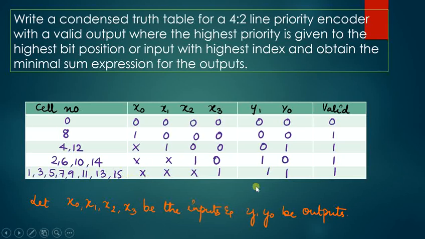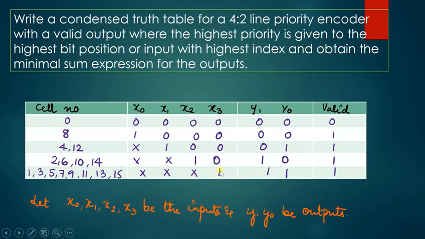Likewise for the last cell, 0001 corresponds to 1, 0011 to 3, 0101 to 5, 0111 to 7, and so on.